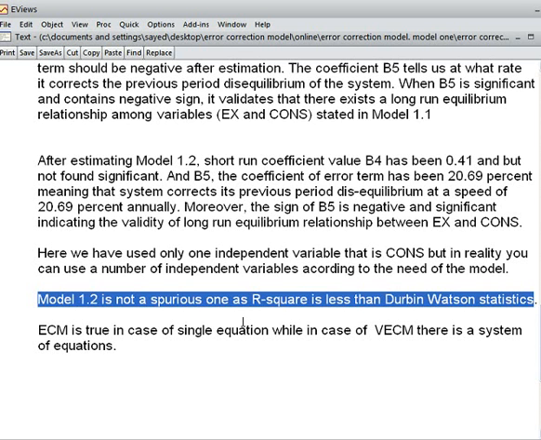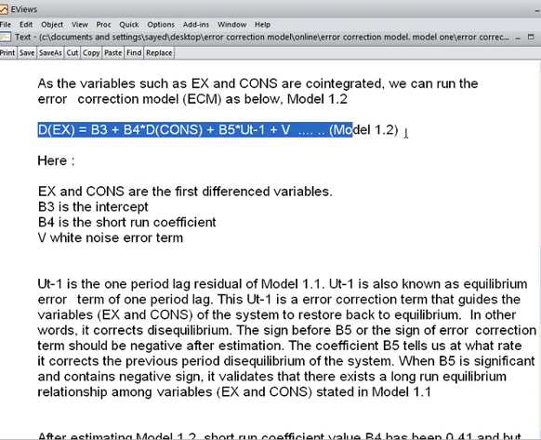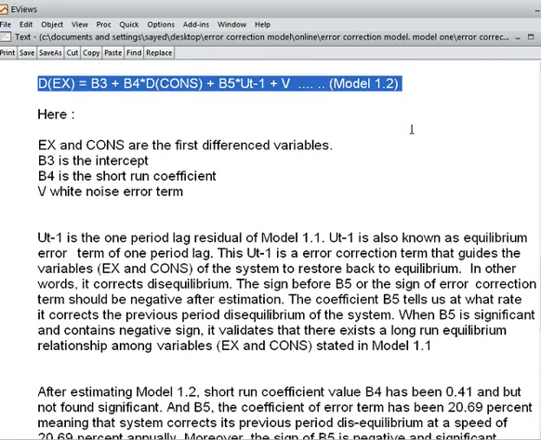A model becomes spurious when the R square value is more than the Durbin-Watson statistic. But here the R square value is less than the Durbin-Watson statistic, so model 1.2, the error correction model, is not spurious.